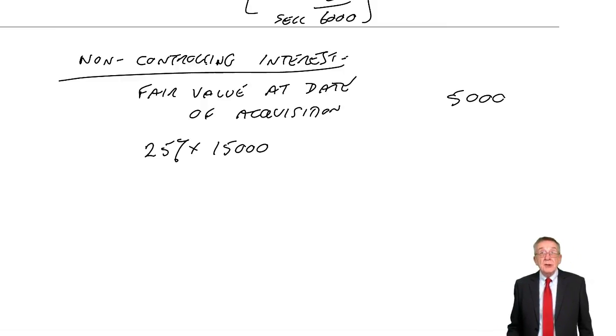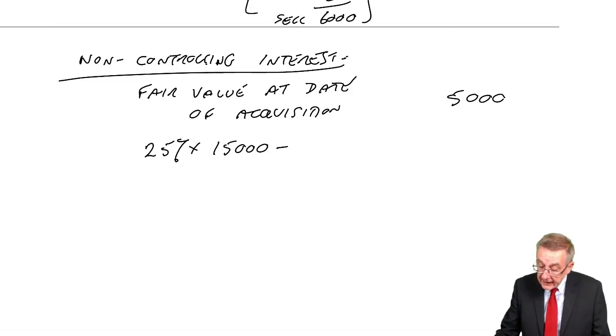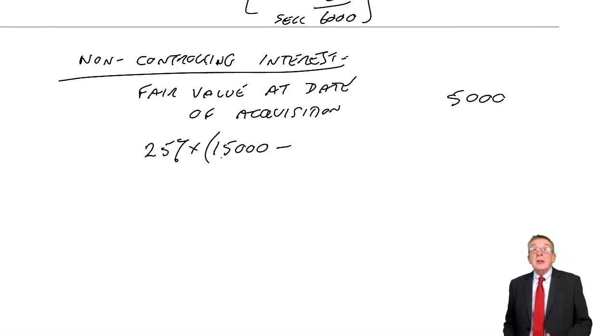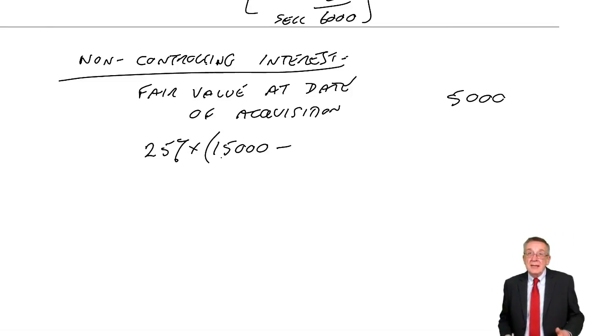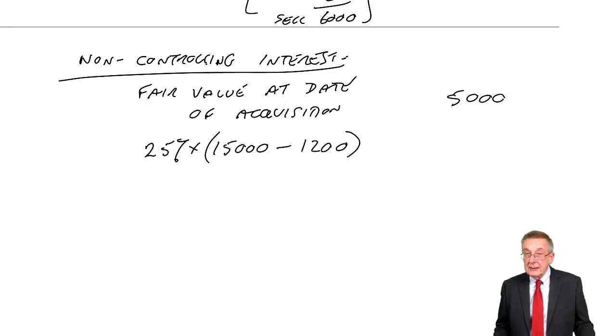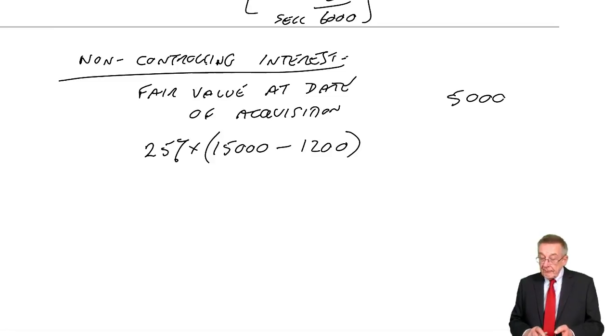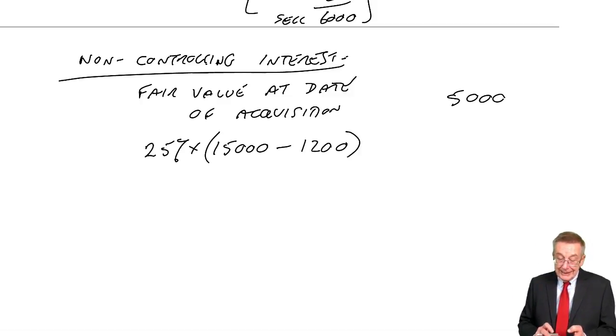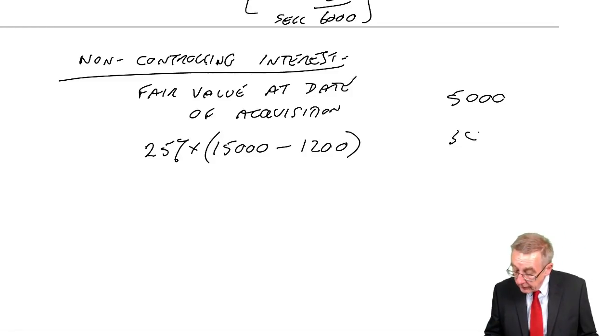But again, we need to remove the unrealized profit, the profit on the goods that are still in inventory. We calculated it above, it was 1,200. And so 15,000 minus 1,200. 25% is 3,450.